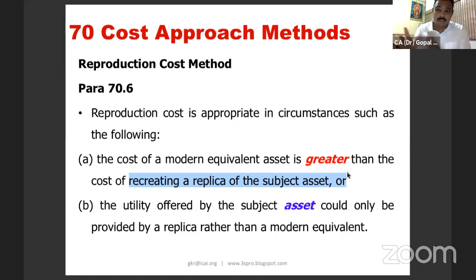Because of those architectures, long beams, those structures, the historical cost is different, and today's current cost for the same design is very high. Even recreating some of those Havelis with today's technology, people will say this material is not available, how do I do it, I will do a better design but not this design. All those things will come. So the practicality of reproduction cost will be a challenge, but sometimes there will be a necessity.